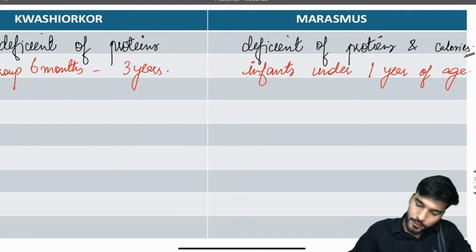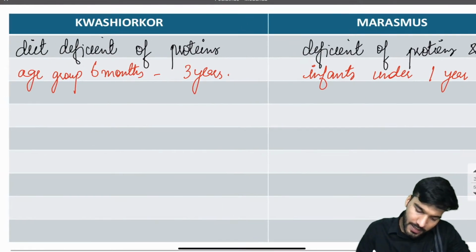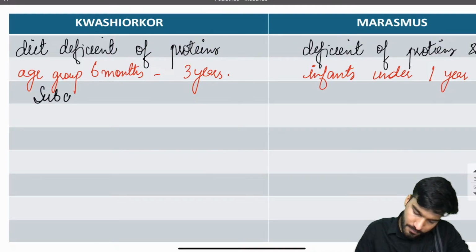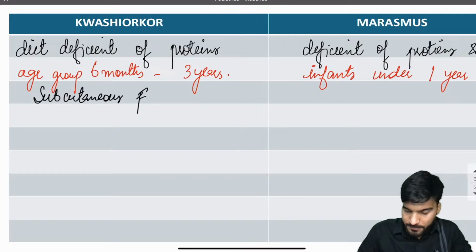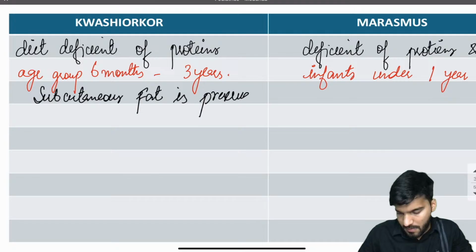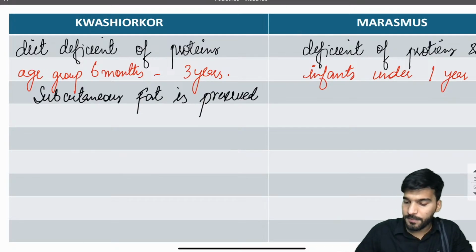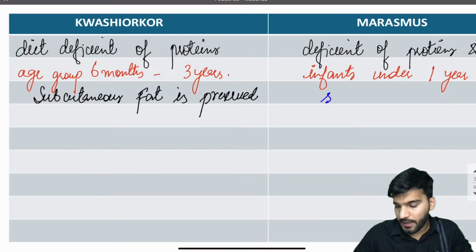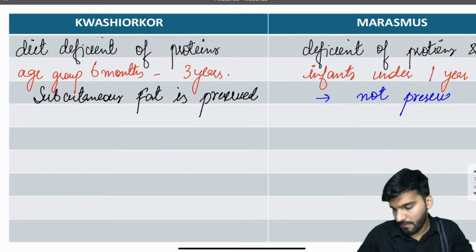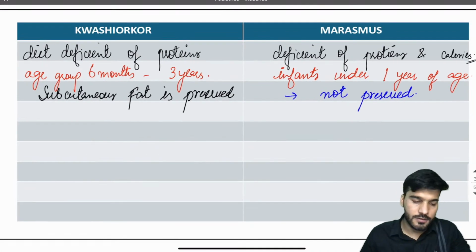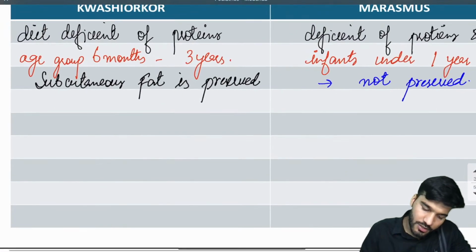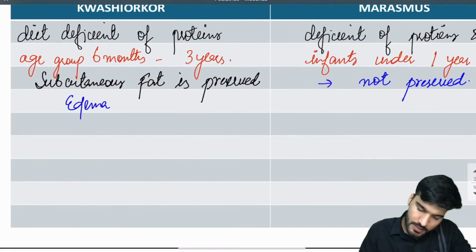Now in Kwashiorkor, subcutaneous fat is preserved. In marasmus, subcutaneous fat is not preserved. In Kwashiorkor, edema is present.